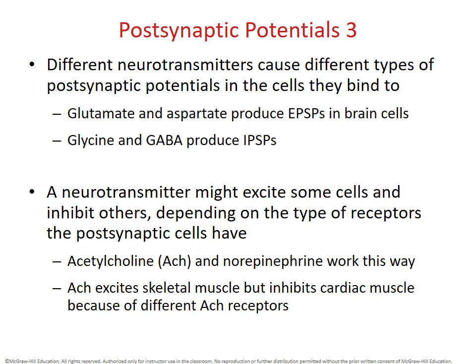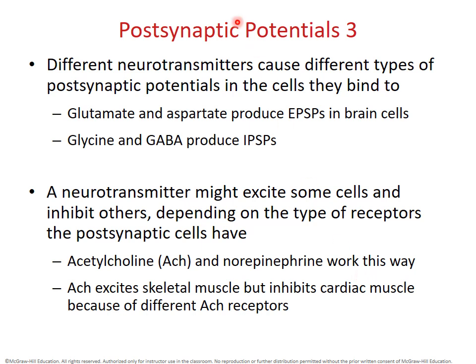All right, and again, as we've said, different neurotransmitters can cause different kinds of reactions, and even the same neurotransmitter can cause excitation in some cells and inhibition in others. Acetylcholine, for instance, we know excites skeletal muscle cells, but interestingly enough, when it is released onto cardiac muscle tissue, it inhibits cardiac muscle tissue.